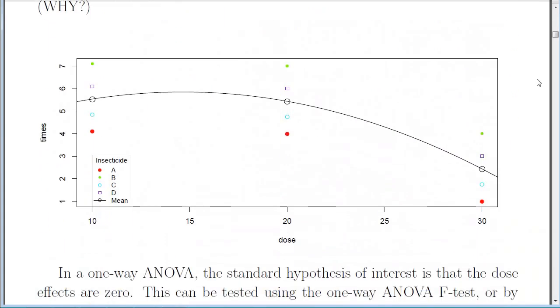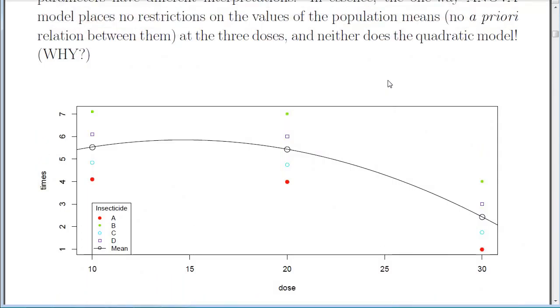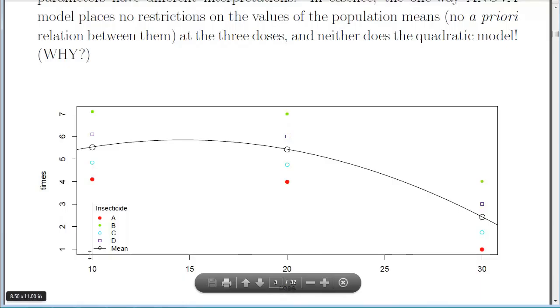So for example, here's some made-up data. This is an additive model where A are all these red points. They all stay low. Green are the high points. Basically the dosage at 10, 20, and 30 is low, medium, and high.